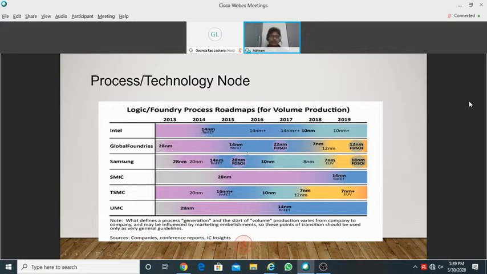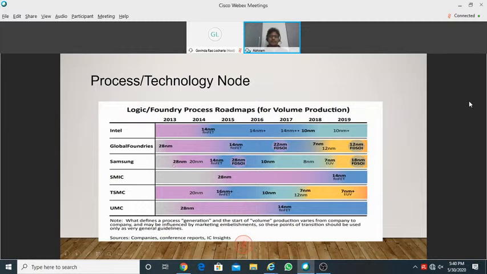If you see all these nodes, almost every year we see the nodes changing. That means a huge workload in terms of verifying the chips, designing the chips, and getting the best out of them. Even though 7 nanometer came in 2019, you need to sort out all the yield issues. Unless you have a very good yield, around 90 to 95 percent, we cannot justify the volume or the price we pay for the ASIC or SoC.